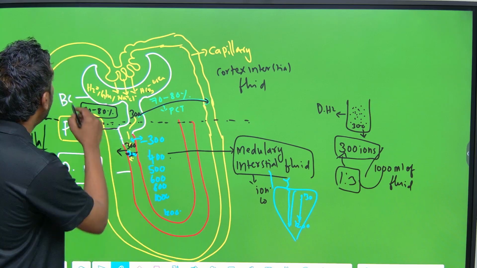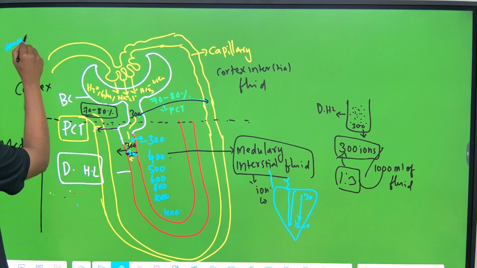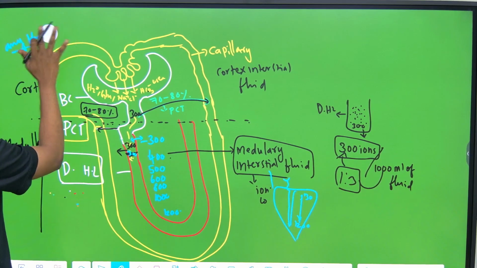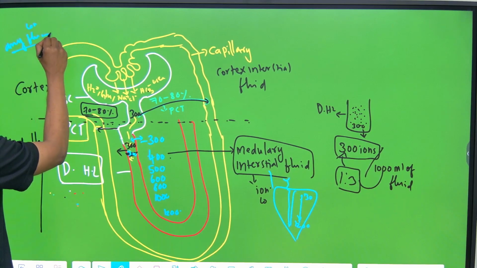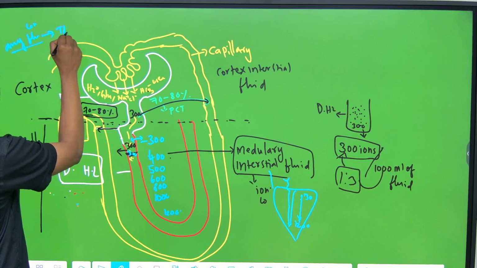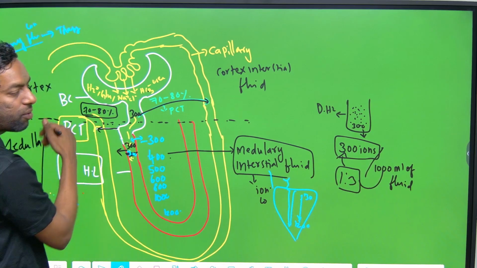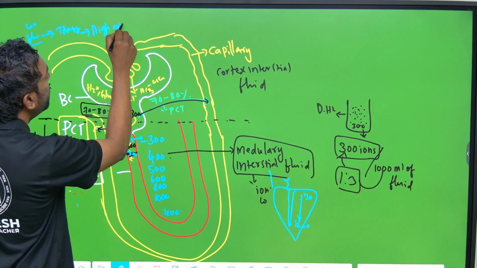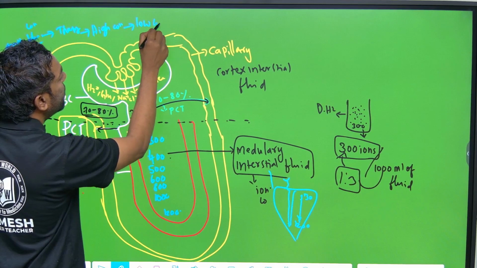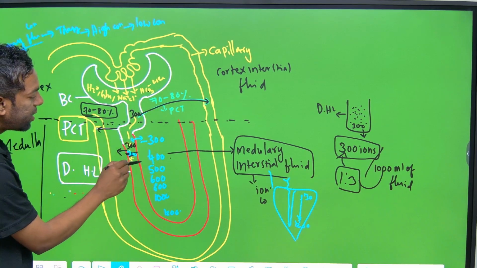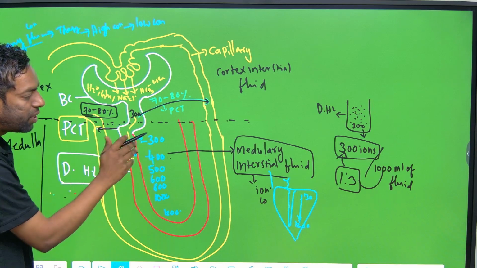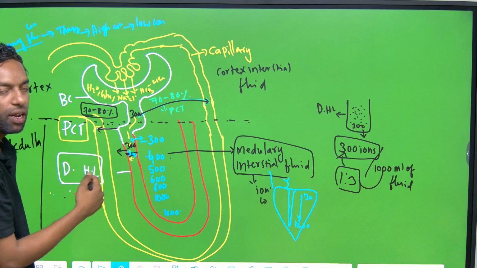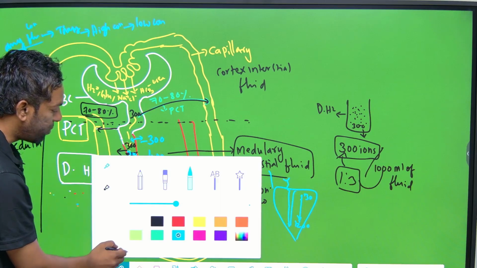In that way, for any concentration of fluid, transfer, diffusion or osmosis takes place from high concentration to low concentration. Here the medullary pyramid has high concentration, and the lumen of the nephron at 300 has very low concentration. In that way, what is going to happen here?